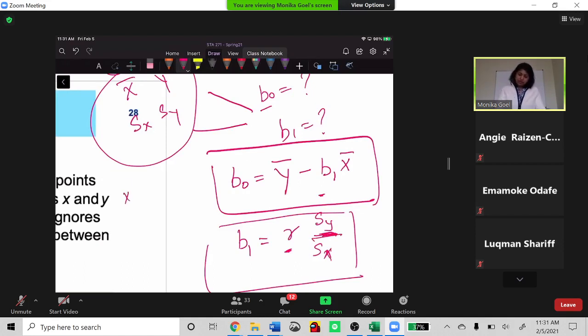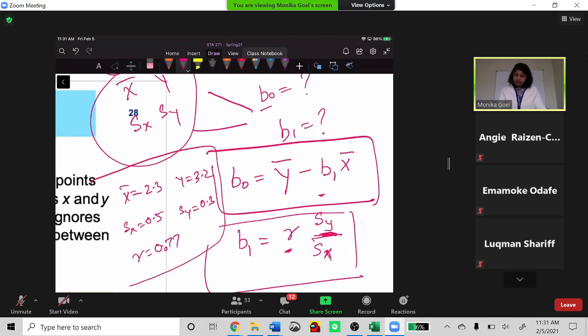So let's say you have the value of x bar. I'm just taking some random numbers. Then if you are solving and r is 0.77, if you have this information, you can plug this information in to calculate your b0 and b1.